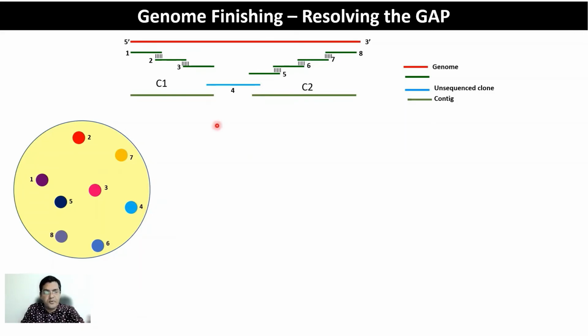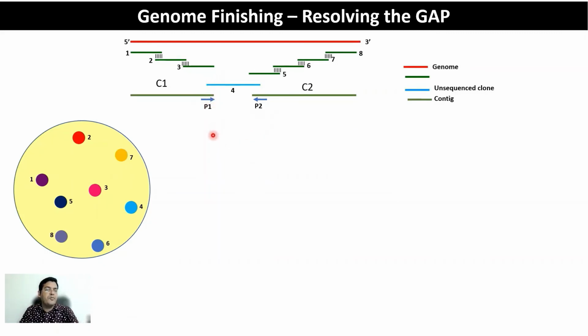What we do here for library screening is to develop 2 probes. One of the probes is towards the 3' end of the third fragment, or towards the end of contig 1. Likewise, you have a second probe that is developed towards the 5' end of contig 2. When P1 is used as a probe, it will obviously anneal to fragment 3 because it is designed from there. Plus it will also anneal to fragment 4, with which it has a common overlap.